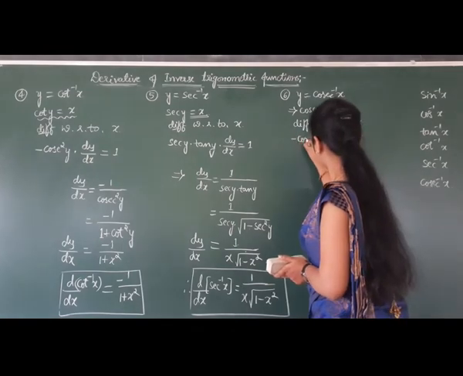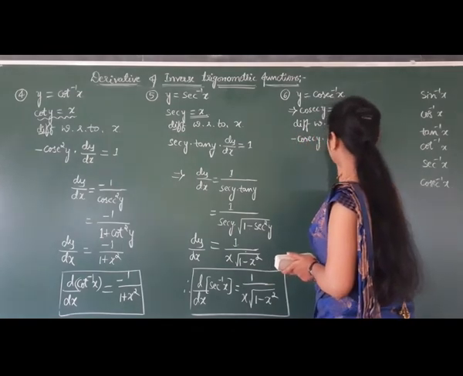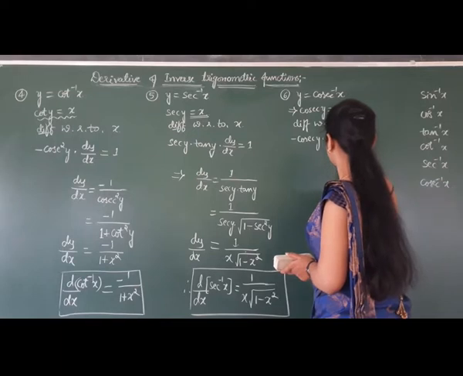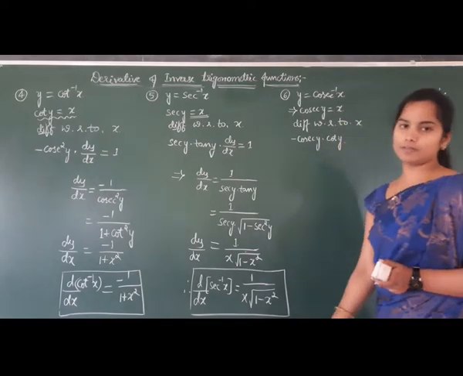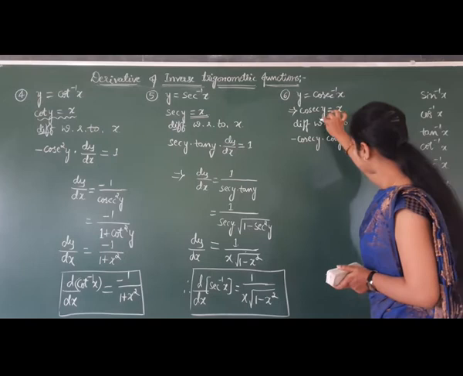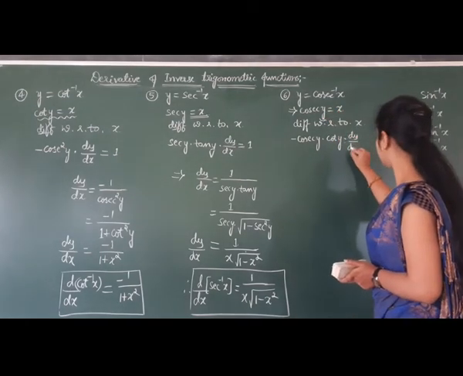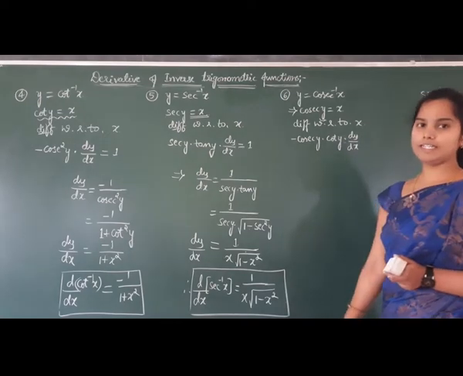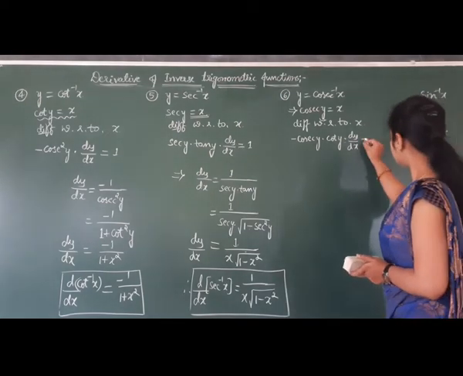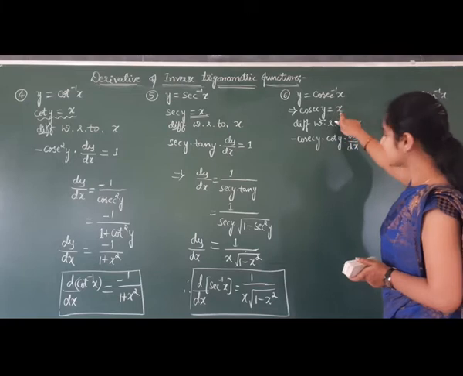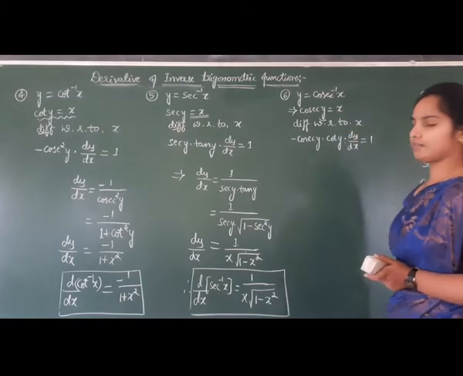Minus cosecant y into cot y. So again, the derivative of y with respect to x is dy by dx. So this is equal to the derivative of x with respect to x, which is 1.